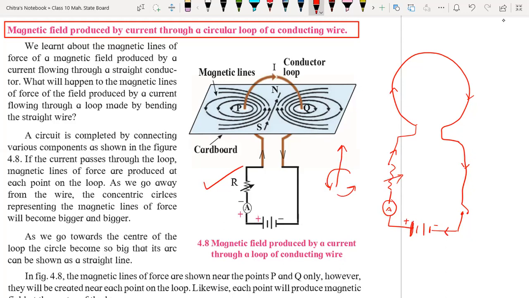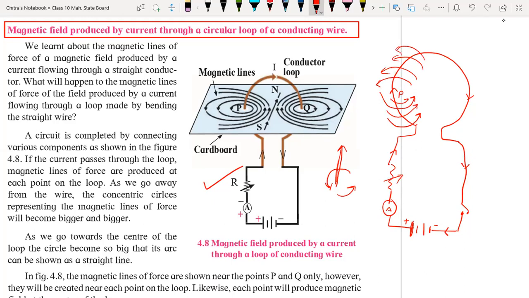So for this particular point, let this point be P. For point P, current is flowing in upward direction. So if current is flowing in upward direction, then the direction of magnetic field will be like this, and from here like this.